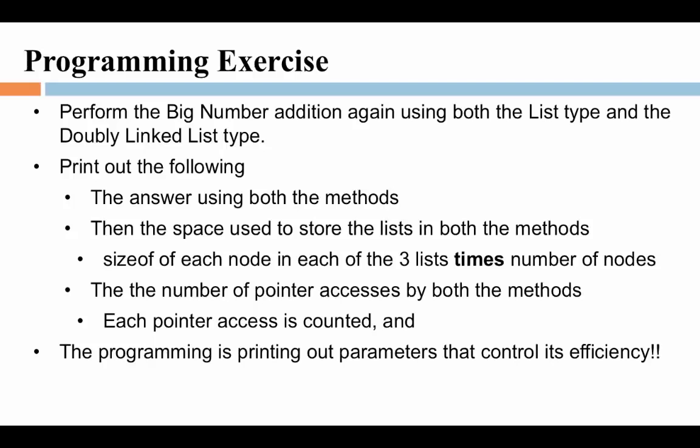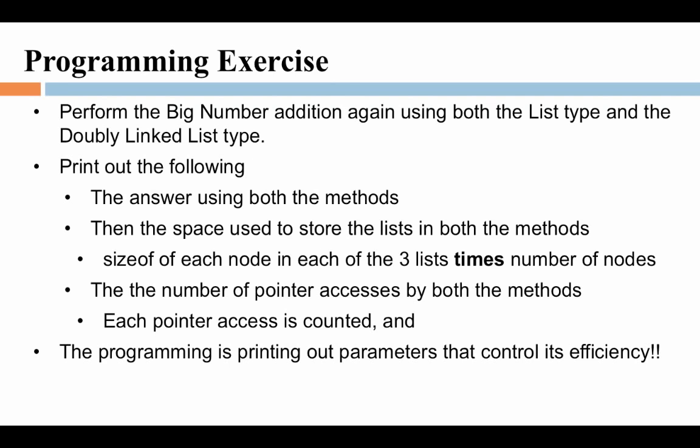The first implementation is based on the list data type, and the second implementation is based on the doubly linked list data type. Our implementation of this programming exercise will print out the answer. It will also print out how many times the pointers were accessed by both the methods. And in a subsequent lecture, we will also show you how much additional space has been used by the doubly linked list data type. Therefore, you will understand the trade-off between using more space to gain some more efficiency in terms of time.